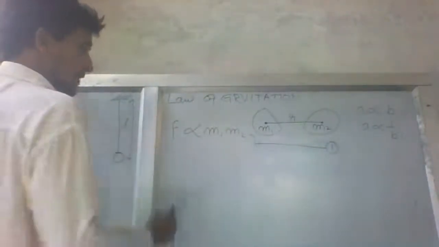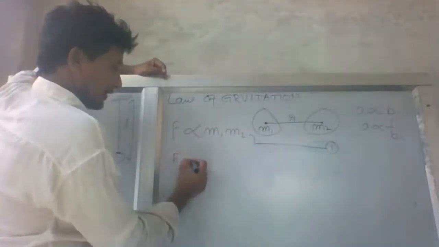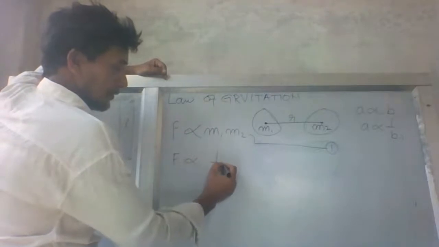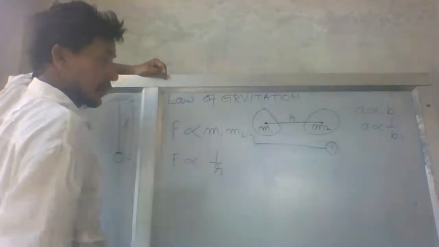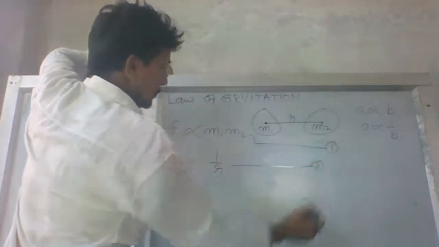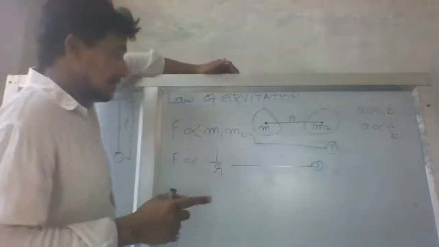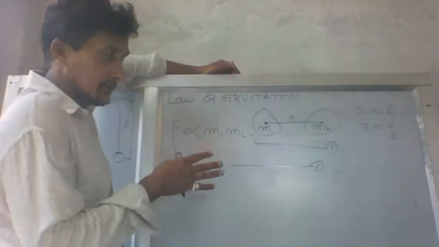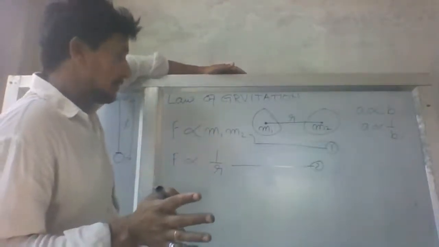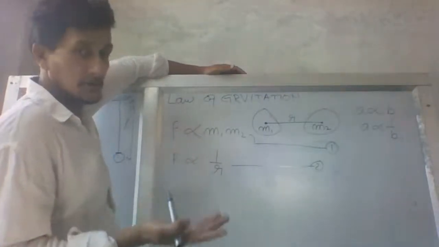Equation number 1. Now, the relation of force with r. Force is inversely proportional to the distance between these two objects, r. This is equation number 2. Now, taking them together, adding the equations is totally wrong. Multiplying both these equations is again wrong.